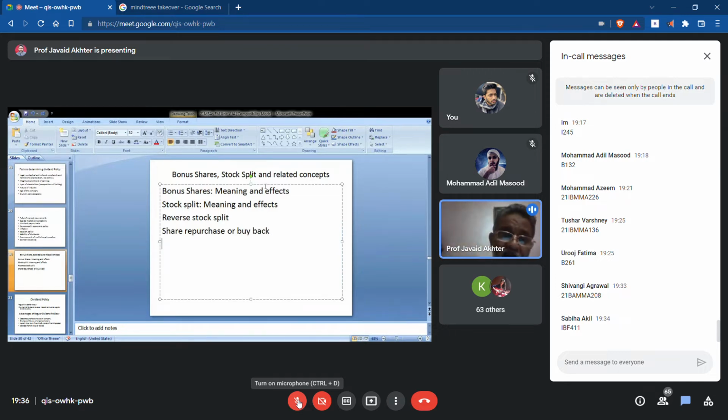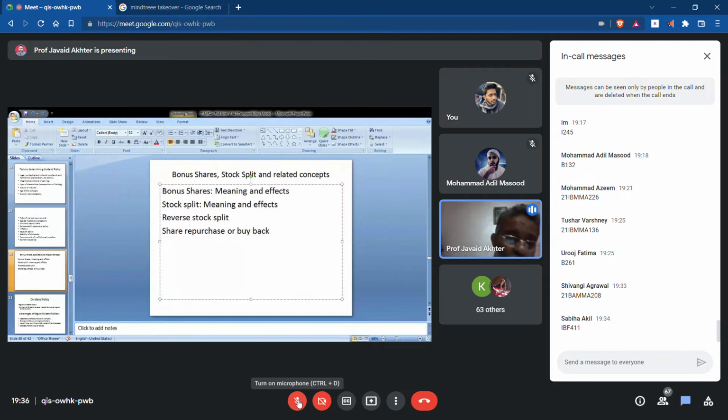In case of a bonus share, you are holding 10 shares in a company and the company issues you another 2 shares, let us say 10%. If you are holding 10 shares, you get 2 shares. Somebody holding 100 shares gets 10 shares. Somebody holding 1000 shares gets an additional 100 shares.